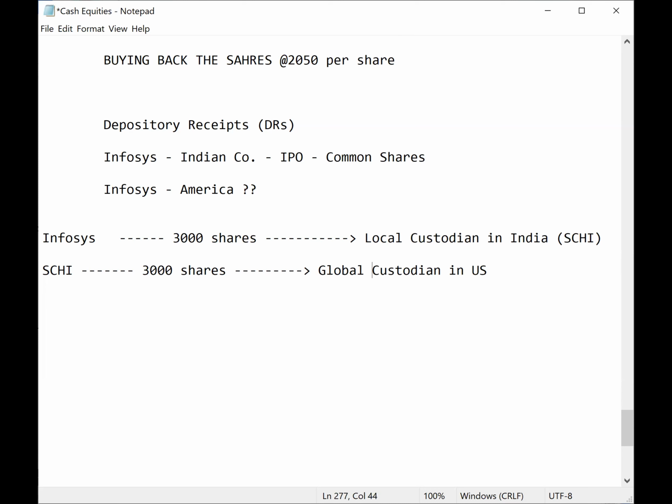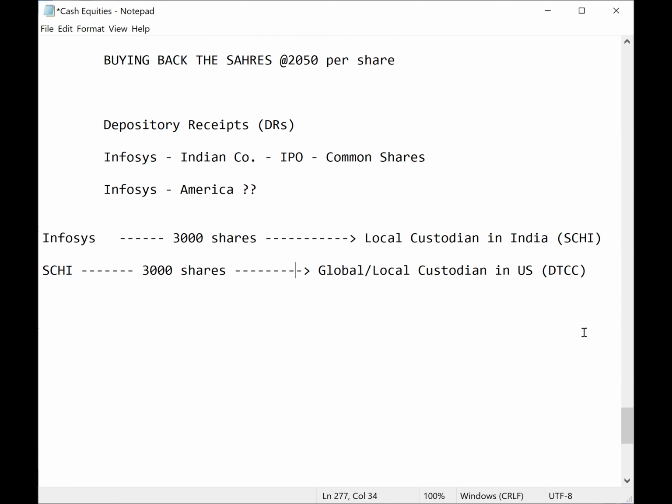Guys, it can be a global custodian, it can be a local custodian of the US, that's also fine. So they would send the shares to, let's say, DTC, which is also acting as a depository.